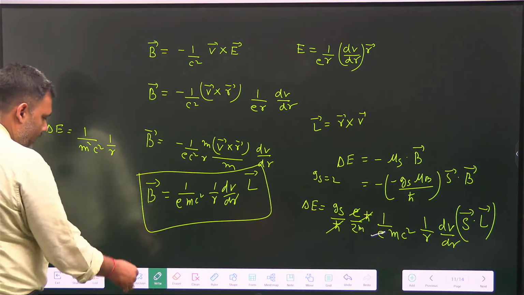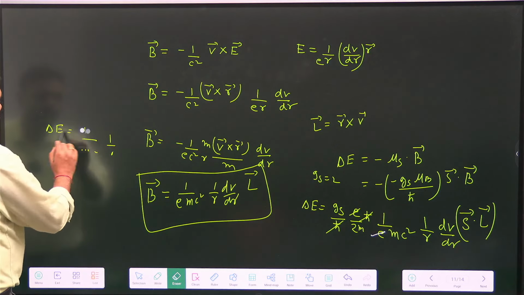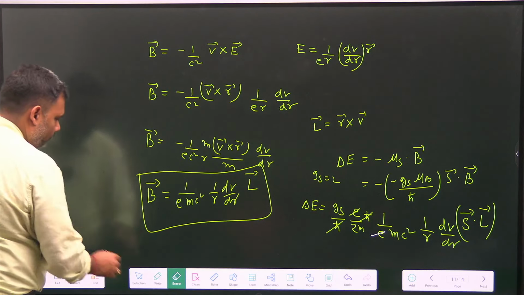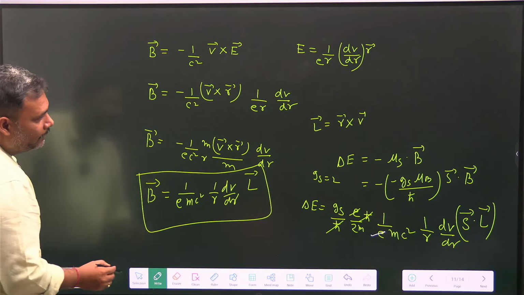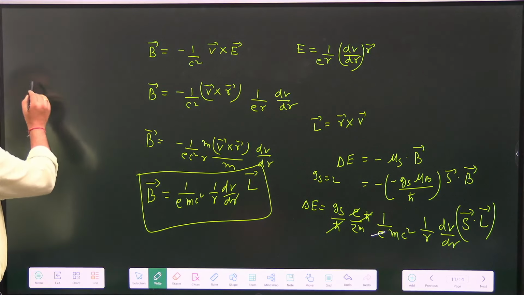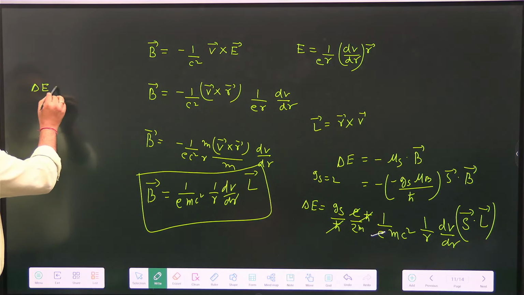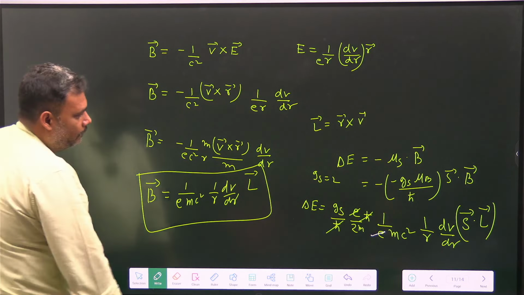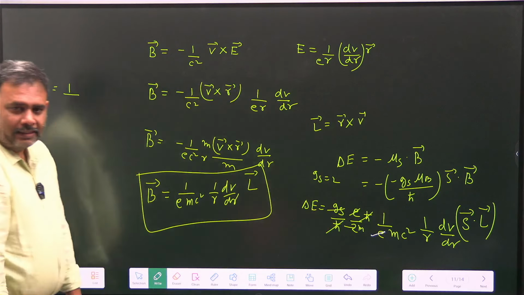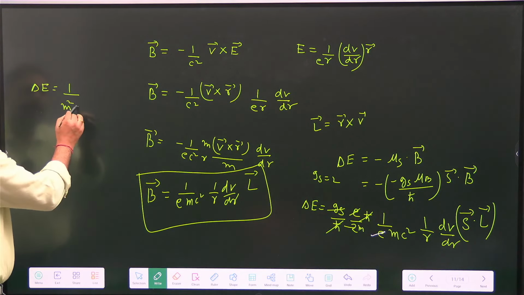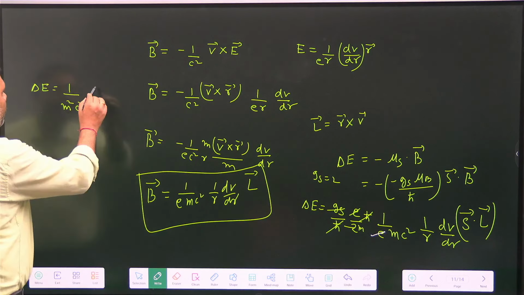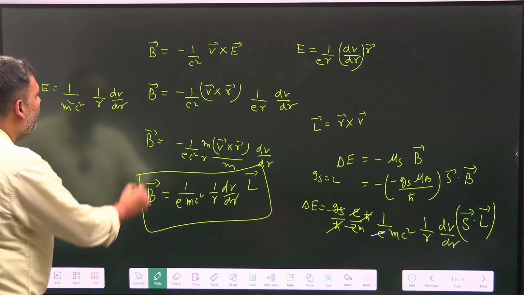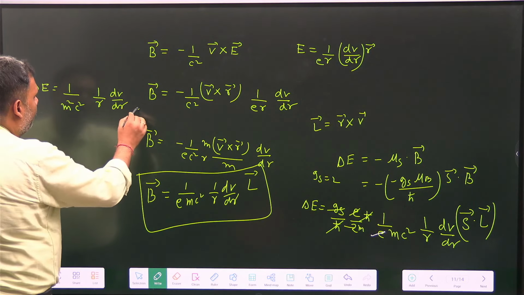Let me write it somewhere else. So basically, delta E is equal to, look what is coming. 1 upon 2, and the 2 also cancels, this 2 cancels with this g_s. So you have m square c square, we have a scalar part 1 upon r dV upon dr, and we have a vector part, and that vector part is what?